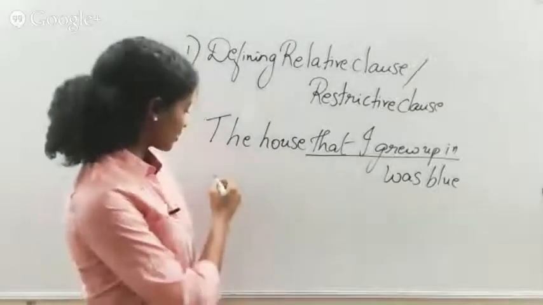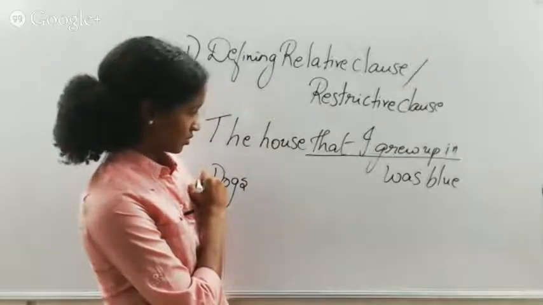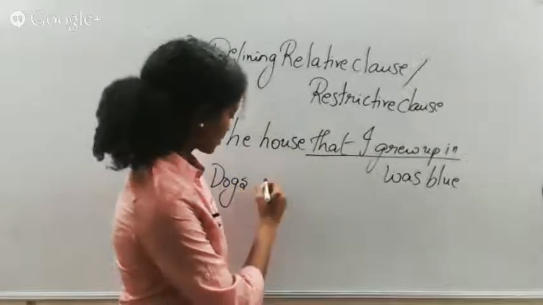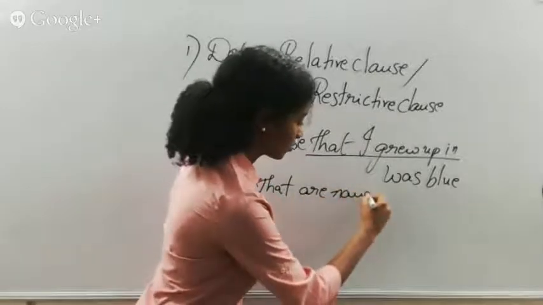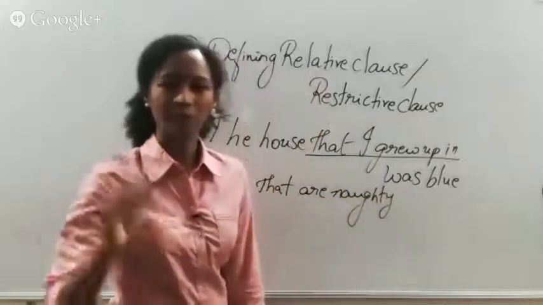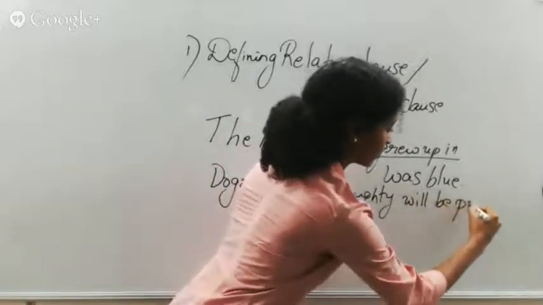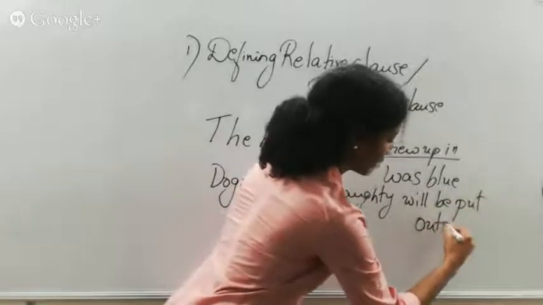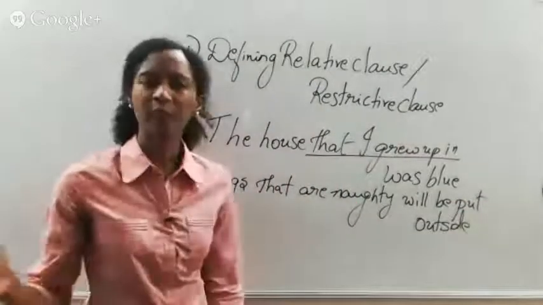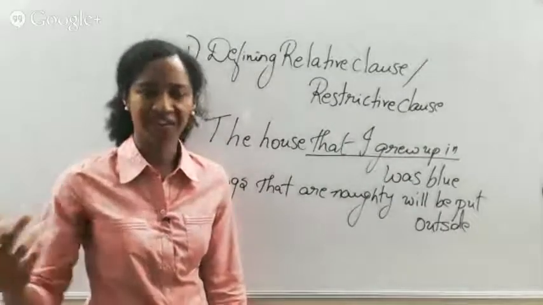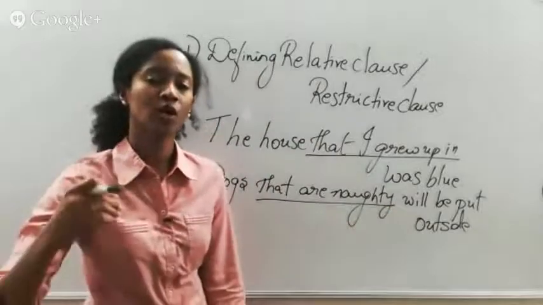Another example I can say, dogs that are naughty will be put outside. Right? In this sentence again, dogs will be put outside. What dogs? What is the context? I don't understand. That are naughty is my restrictive clause giving me more meaning.